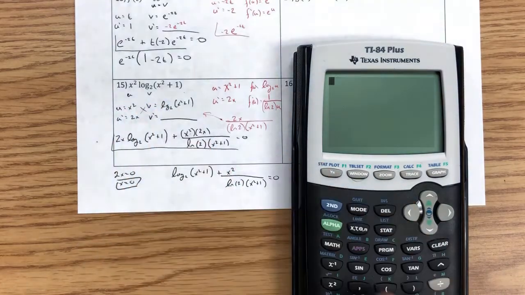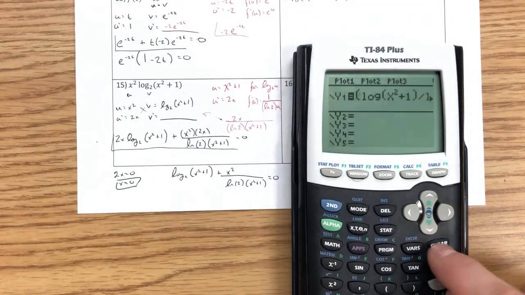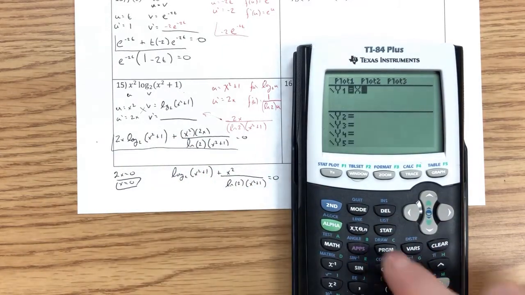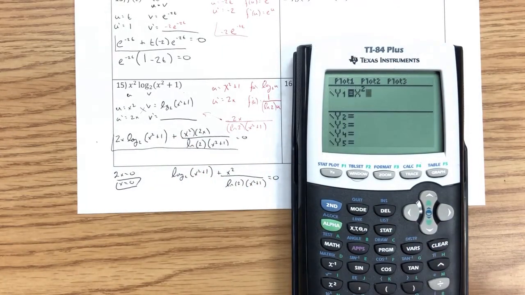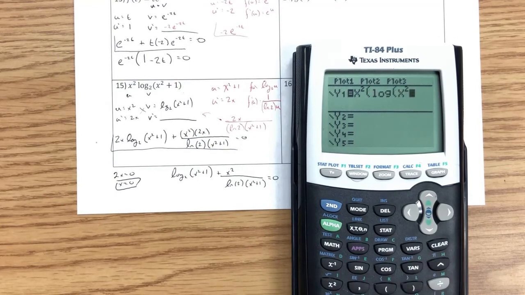Now I could graph the entire thing if I go over here and say, okay, x squared times, I can't type in log with different bases in this, so I'm just going to use the change of base rule. So log of x squared plus 1 divided by log of 2.